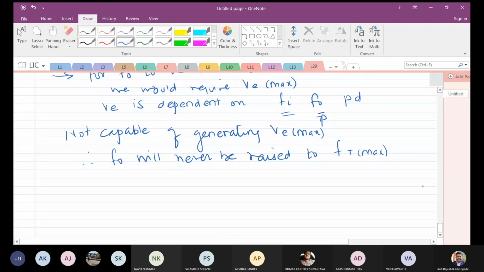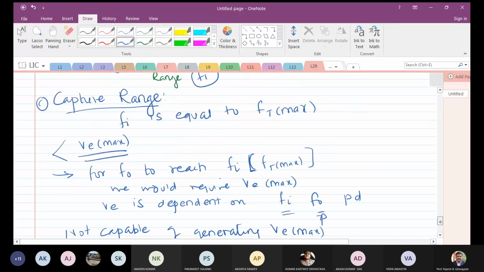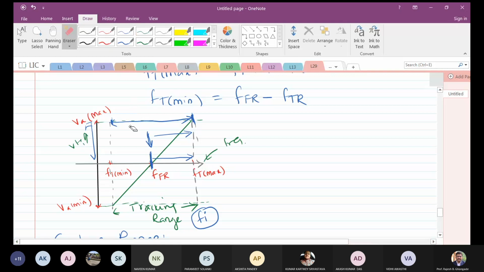So naturally, there is something called the maximum capture frequency. So there is a limit again here, which says that, okay, I'll reuse the figure.